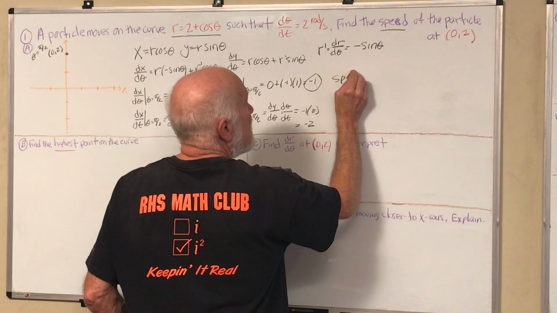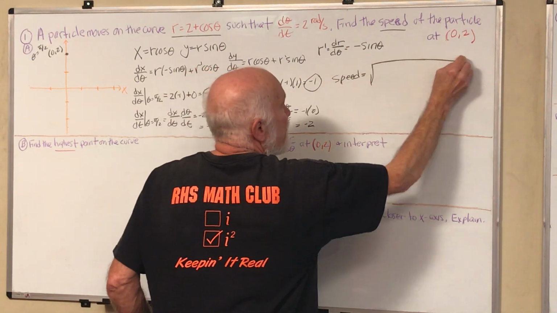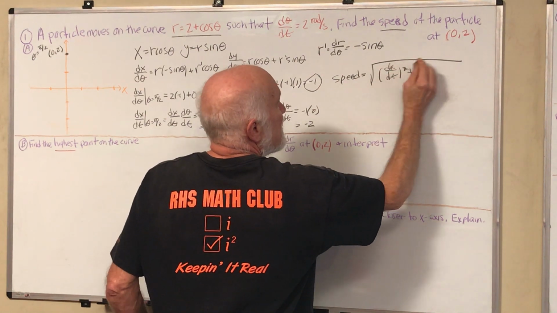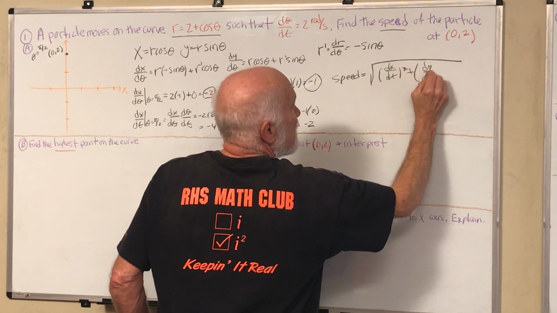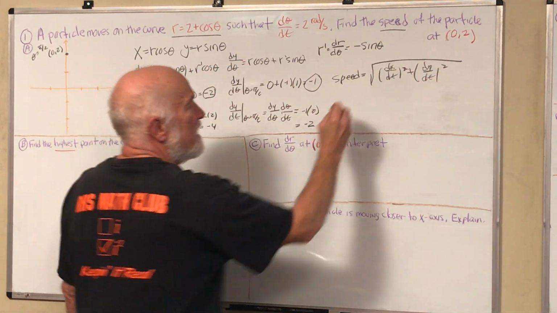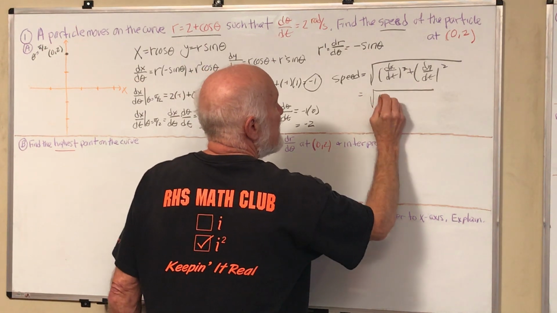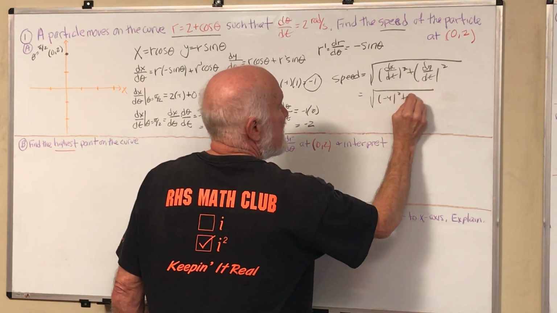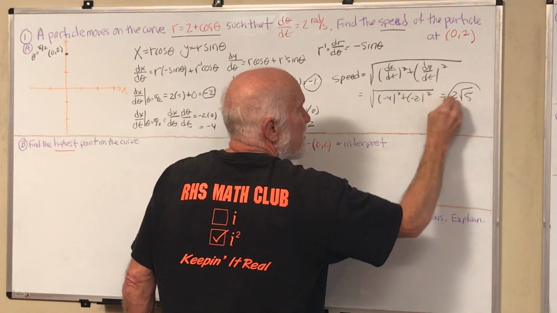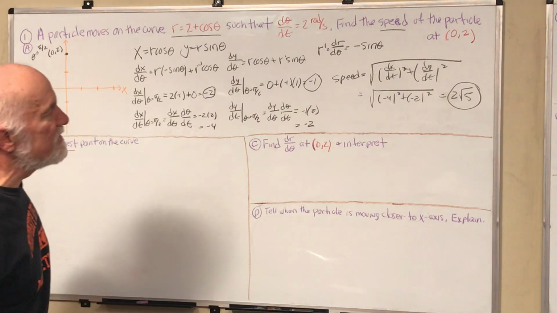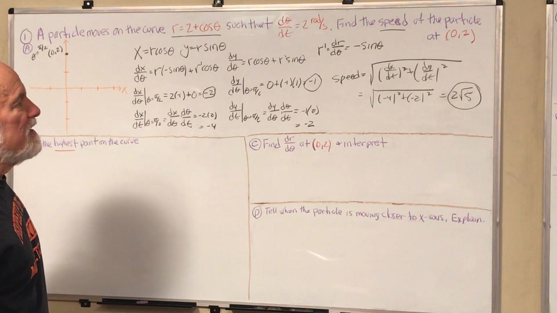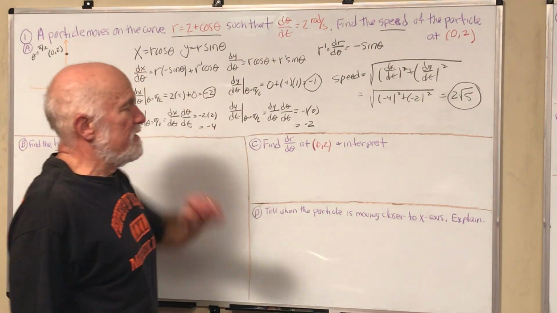Speed is the square root of dx/dt squared plus dy/dt squared. We're putting the x and y speeds together. So we get the square root of (-4) squared plus (-2) squared, or the square root of 20, or 2 times the square root of 5. I don't know the units in this figure, so I don't know. It's something per second.